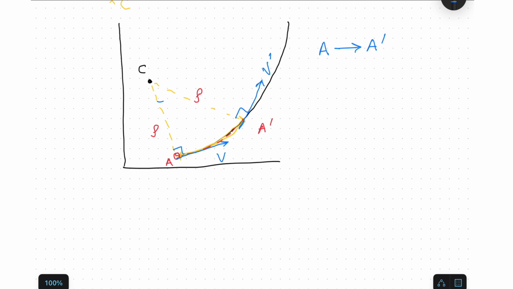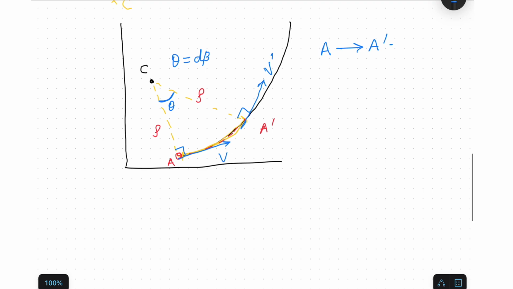How much angle does it make? Suppose there is a small movement and the angle traveled is theta, which we write as d beta. And this displacement from A to A dash is ds.